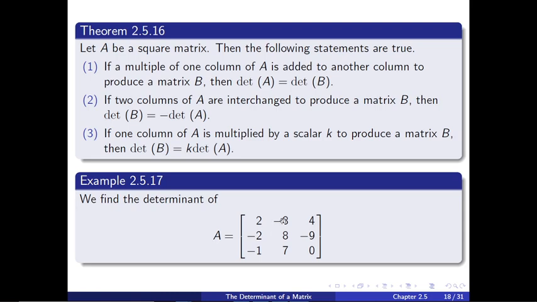We've got a minus 8 there and an 8. So if we say R1 goes to R1 plus R2, this becomes 0, that becomes 0, and then that becomes minus 5. So therefore we've got 0, 0, minus 5, and then we can expand using the first row.